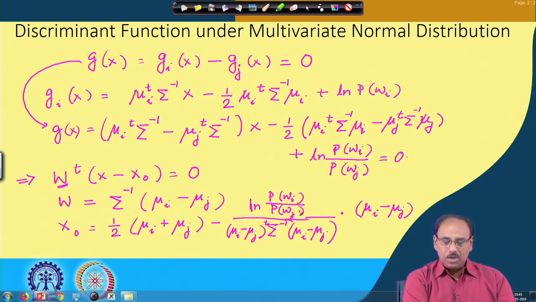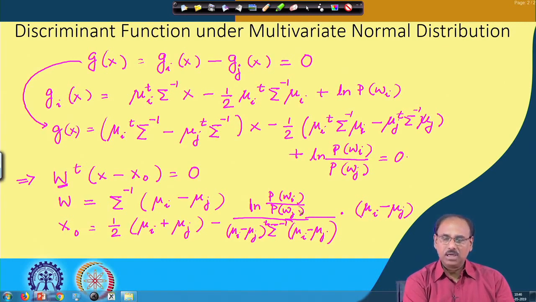So, the decision boundary between the classes omega I and omega j is orthogonal to W, but unlike in the previous case, it is not orthogonal to the line joining mu I and mu j.